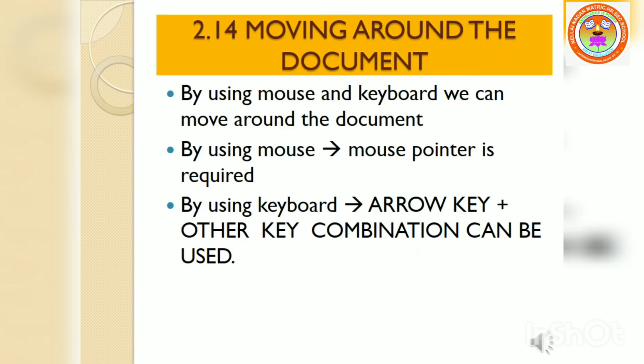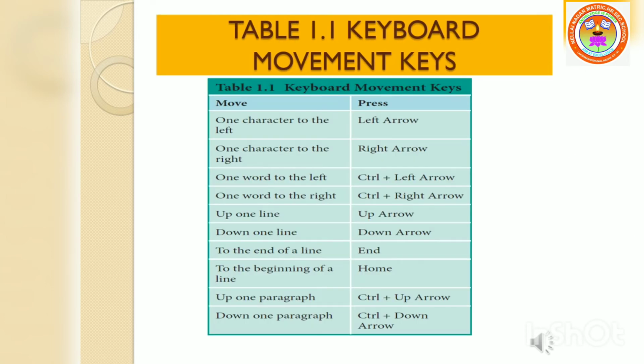How will you move around the document? Using the mouse pointer and the keyboard, we can move around the document. With the mouse pointer, you can click wherever you need to move. To move using the keyboard, you use the arrow keys and other key combinations.